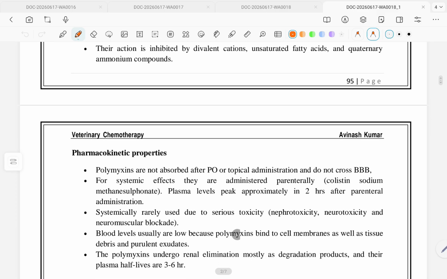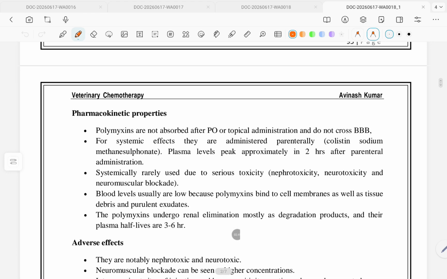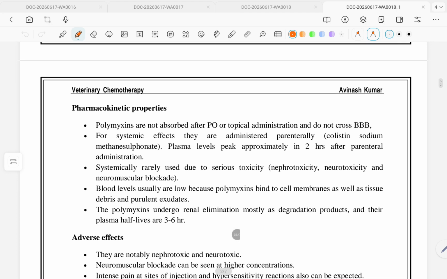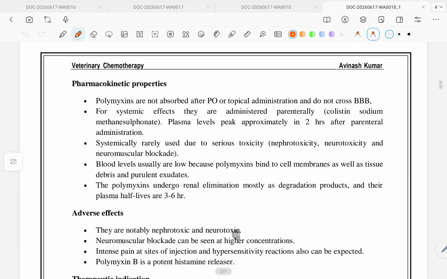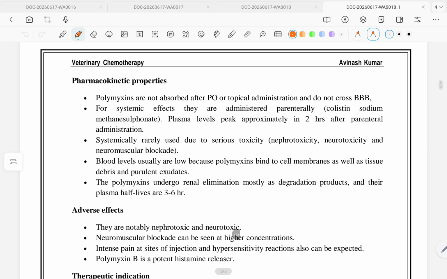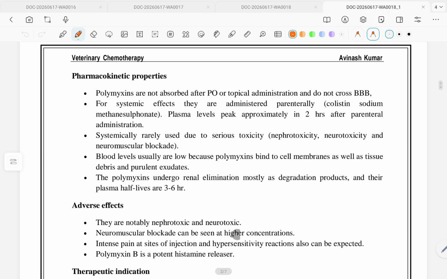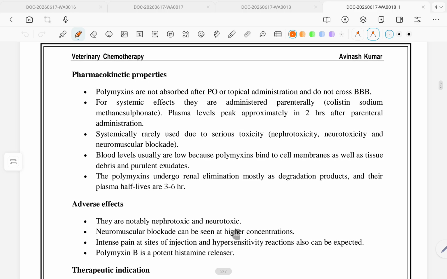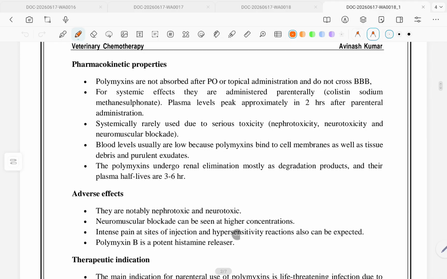Pharmacokinetic properties. Polymyxins are not absorbed after PO or topical administration and do not cross the BBB. For systemic effect, they are administered parenterally. Colistin sodium methanesulfonate plasma level peaks approximately 2 hours after parenteral administration.